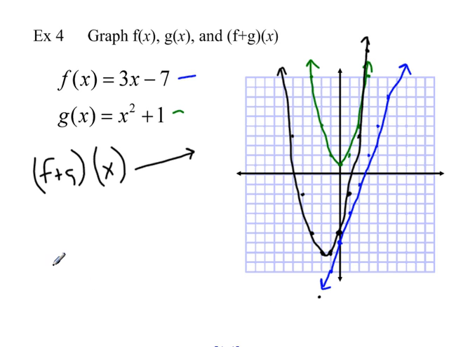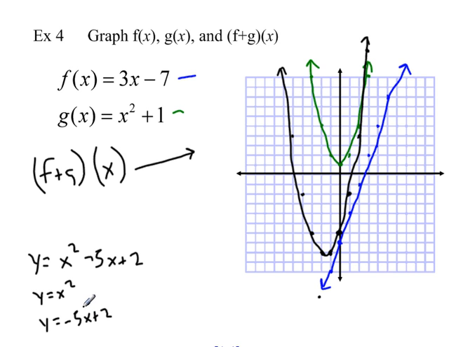Now, how is this beneficial? Well, let's say I gave you a problem where we had to graph something like this: y equals x squared minus 5x plus 2. We know this is a parabola opening upward, but we don't know much else. However, we do know how to graph this. We also know how to graph this.